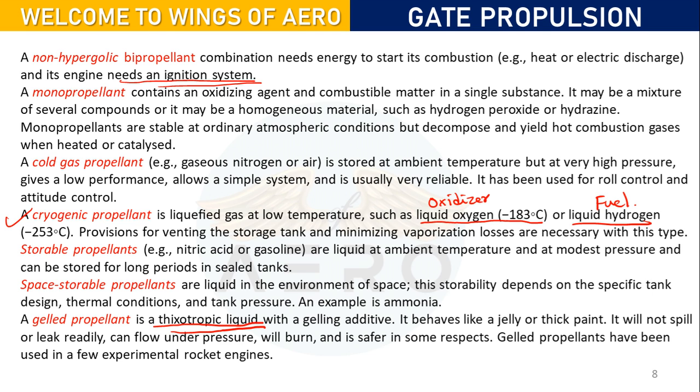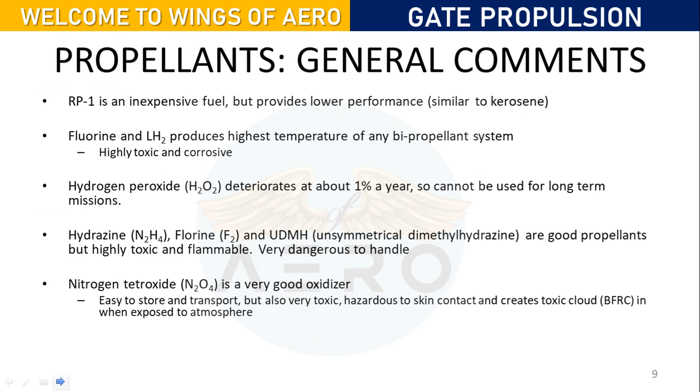Then the next disadvantage is that storage is a very major issue in this particular gel propellant, because it changes its property. So that becomes one of the disadvantages, right? I hope you have noted down the points.